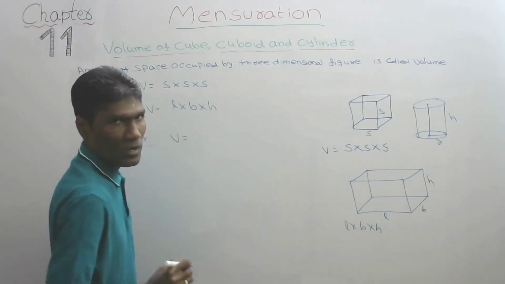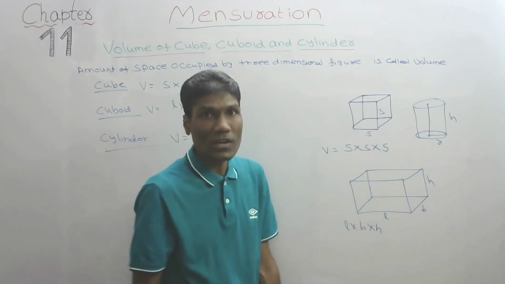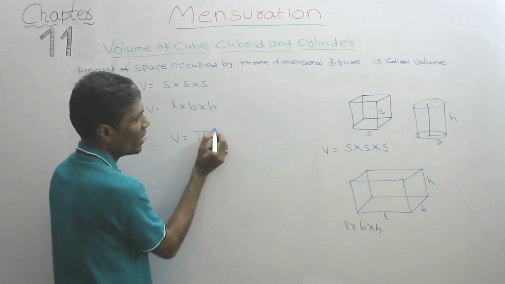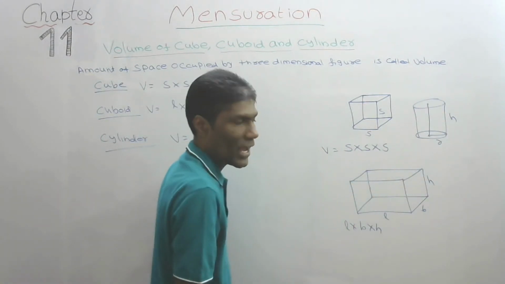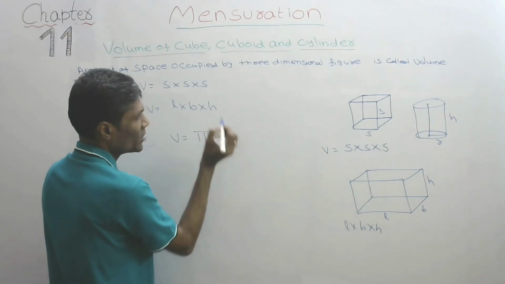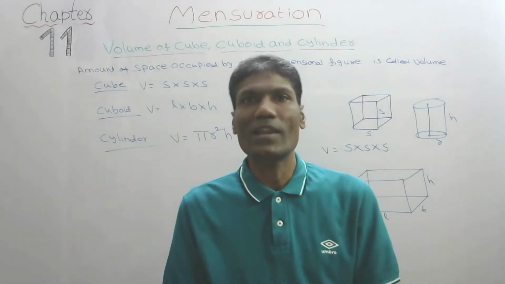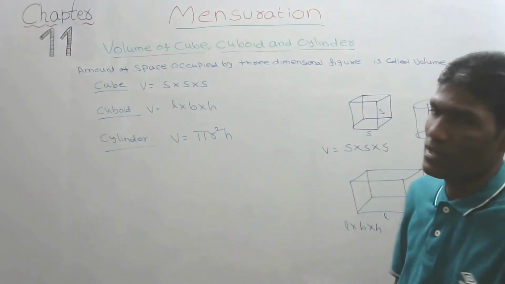Volume equals, now, what is the base? Circle. So, area of circle, pi r square. Then what are we going to do? Multiply this with h. So, pi r square h. So, these are the formulas to calculate the volume of a cube, cuboid or cylinder.